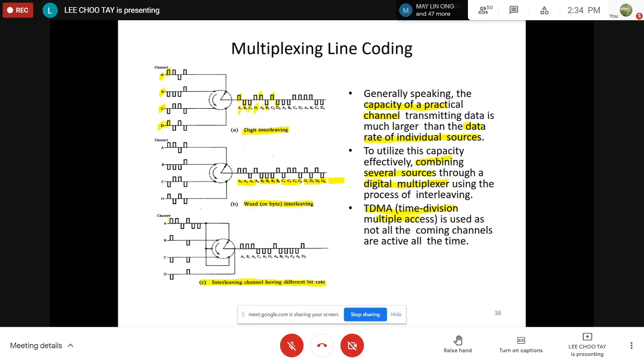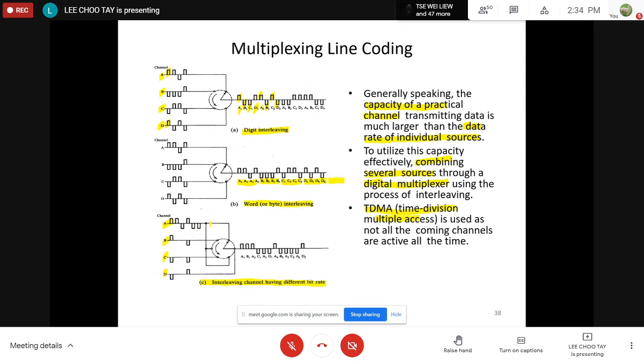How it works is this: if you look at the bit rate for these 4 sources, A actually has the highest bit rate, while B, C, and D have a lower bit rate. So therefore, we spend more time transmitting the bits that come from source A.